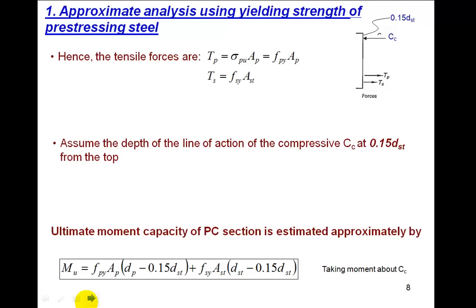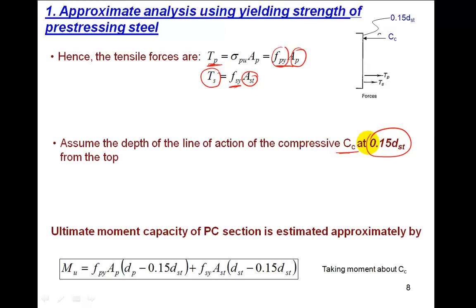Again, the tensile force in the prestressing wire is the yield strength of the prestressing wire multiplied by the total area of the prestressing wire, and the total tensile force in the reinforcing steel, if we have one, is 500 megapascal multiplied by the total area of the steel. The point of application of the compressive force we are assuming is at 0.15 dst from the top surface.